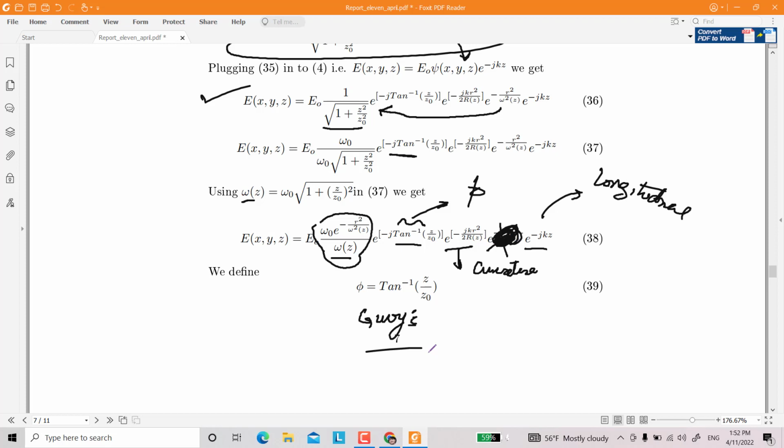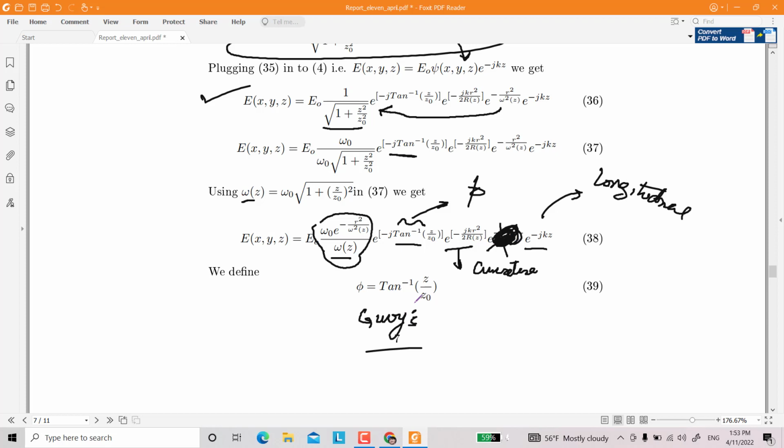See, let's say the beam is coming from minus infinity, then z is equal to minus infinity. So the value of this phase at minus infinity is tan inverse of minus infinity divided by z naught. And you know the value of tan inverse of minus infinity is minus pi by 2.